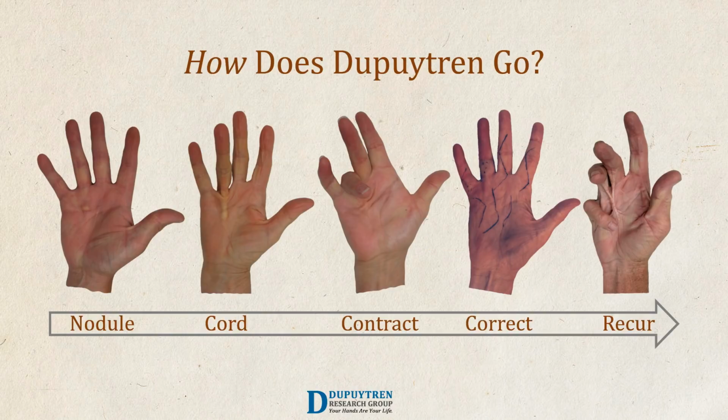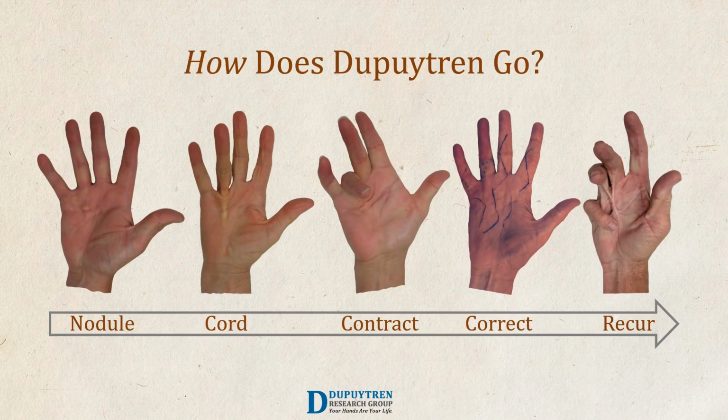Dupuytren is not an event. It's a process, and it tends to progress through predictable stages, although the progression itself is not predictable. The earliest stages tend to be a lump in the palm, a nodule, and once someone has gone from a normal hand to developing a nodule, they may progress to having a cord in the hand.